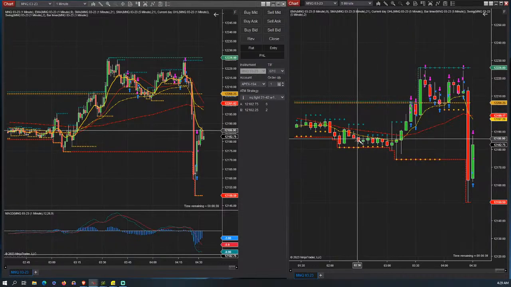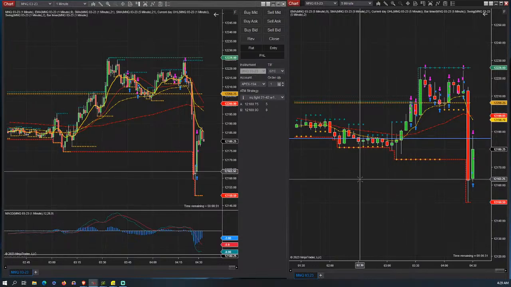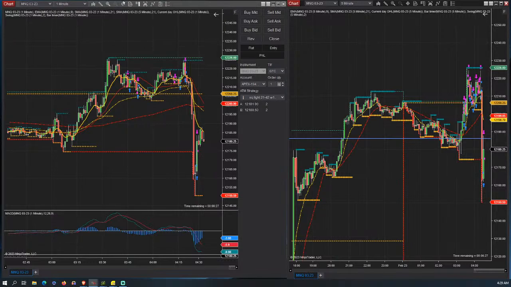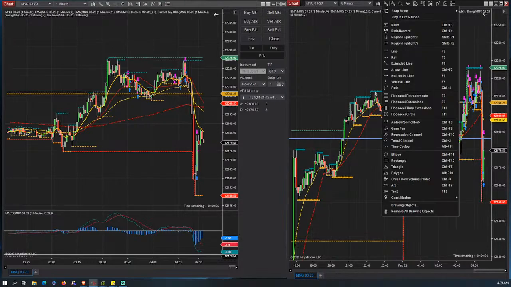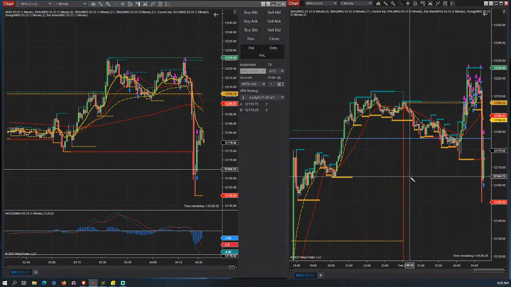Line. Horizontal. Okay. Tap this here, go across. Another line. Some local levels here. Yep, we got one right there.